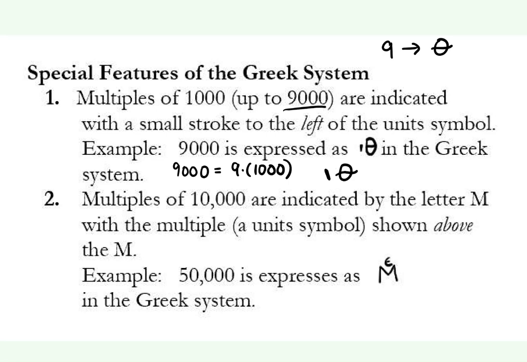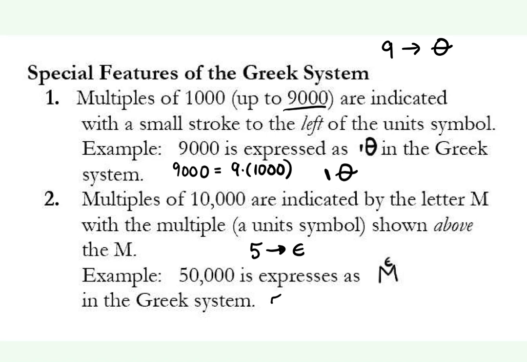If you want to represent something 10,000 or greater, then multiples of 10,000 are indicated by the letter M. And what you would do is include the unit symbol, units meaning digits 1 through 9, above the M. So in the Greek system, 5 is represented by the symbol that looks like this.